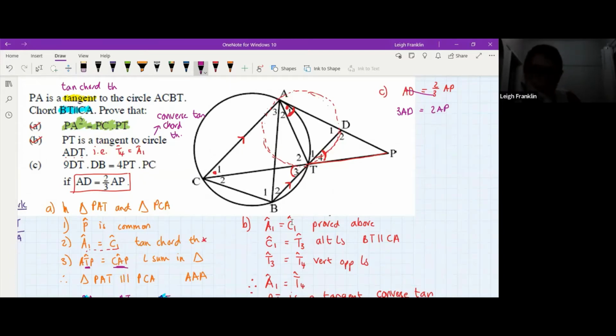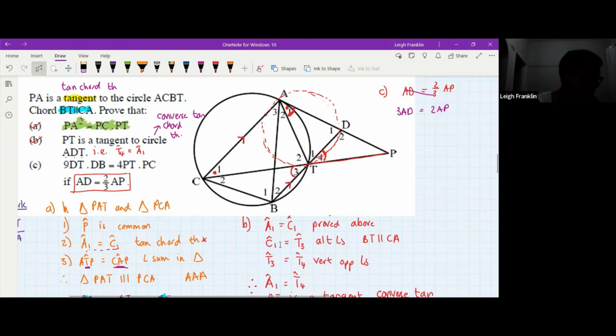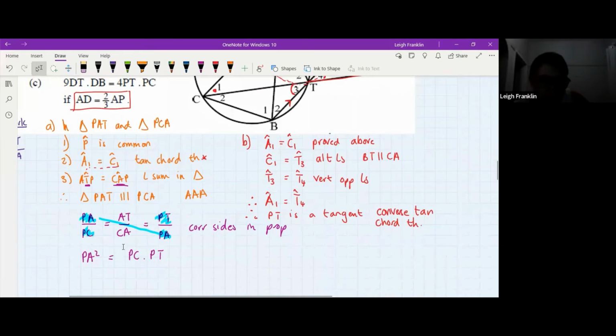Let's think about where we're going to start with this one. I wonder if we're going to work in that triangle. What have we already done? That's often a good place to start.